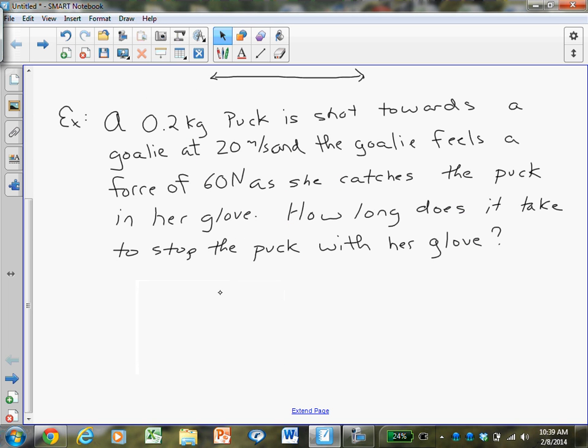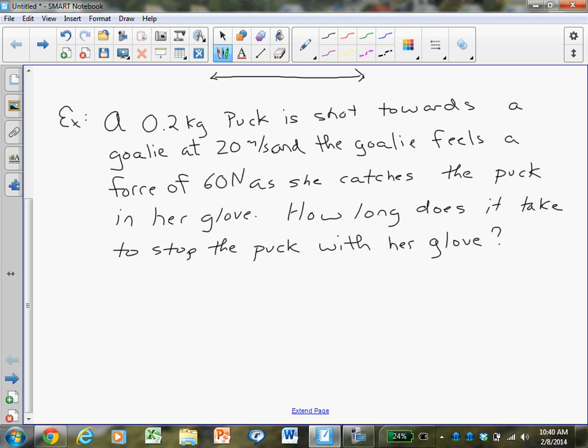Okay, here's an example involving impulse. A 0.2 kilogram puck is shot towards the goalie at 20 meters per second, and the goalie feels a force of 60 newtons as she catches the puck in her glove. How long does it take to stop the puck with her glove?